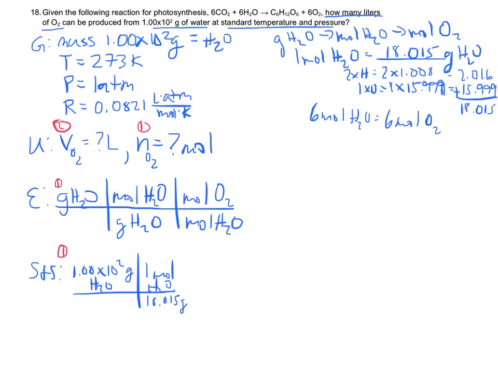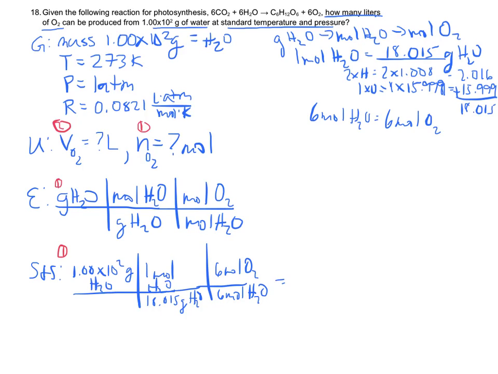And then our mole-to-mole ratio is 6 moles of oxygen is equal to 6 moles of water. All right, so solving for this, we need to take our 1.00 times 10 to the second, make sure you put that in parentheses, and divide by 18.015, multiply by 6, divide by 6.